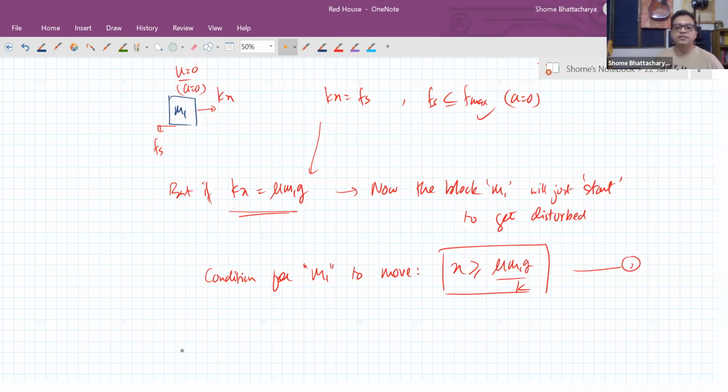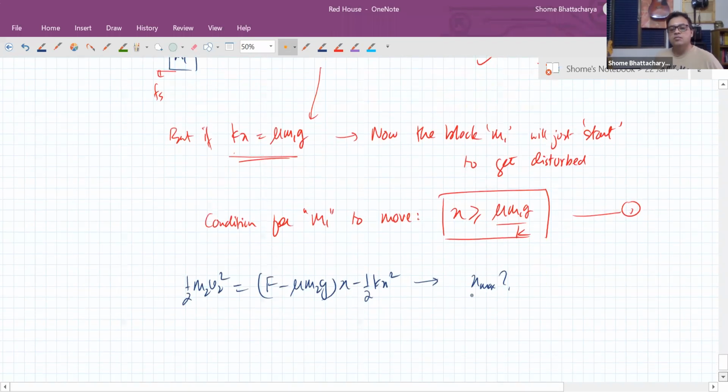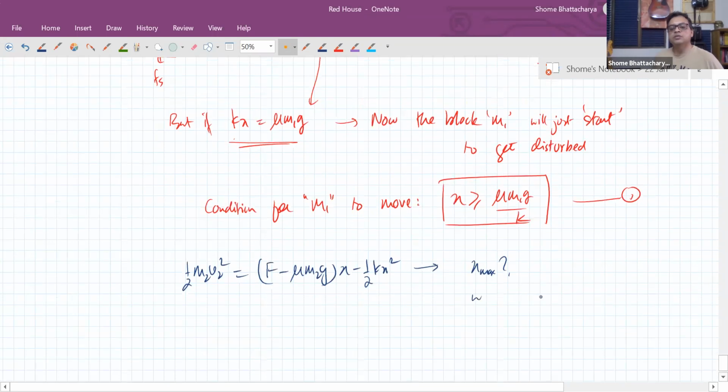This is our first thing. On the other hand, we had the equation that half m2 v2 square was equal to F minus mu m2g into x minus half k x square. This was the other equation that we had. From this you will see what the maximum value of x possible is. The maximum value of x is when v2 becomes 0, when the kinetic energy of this block becomes 0.